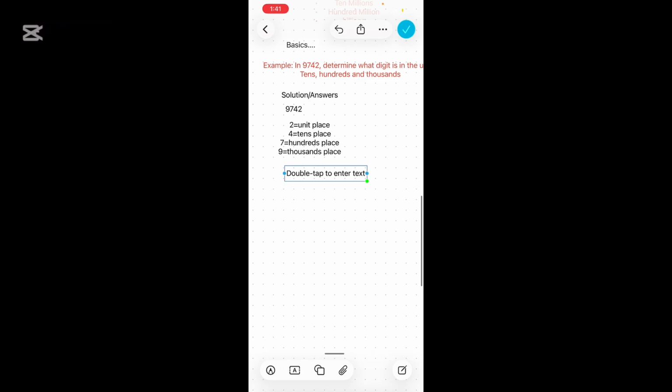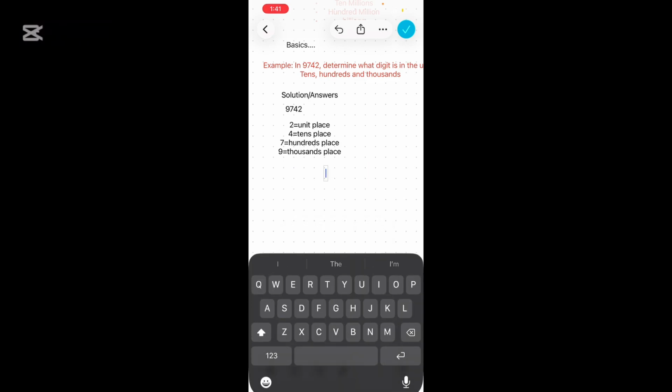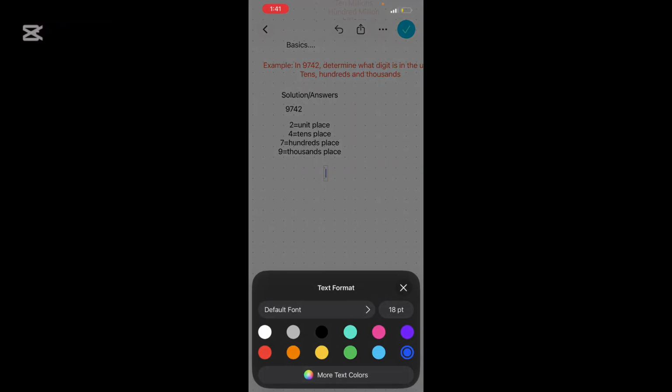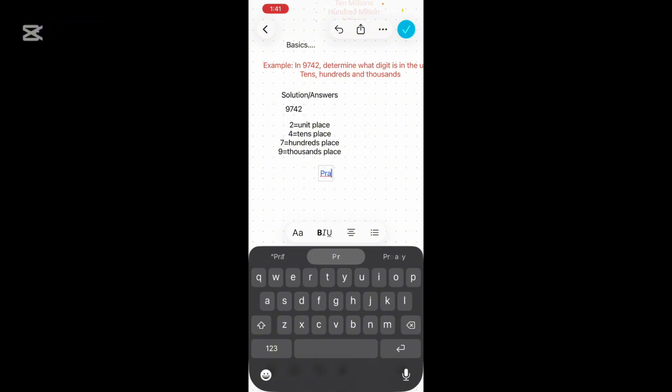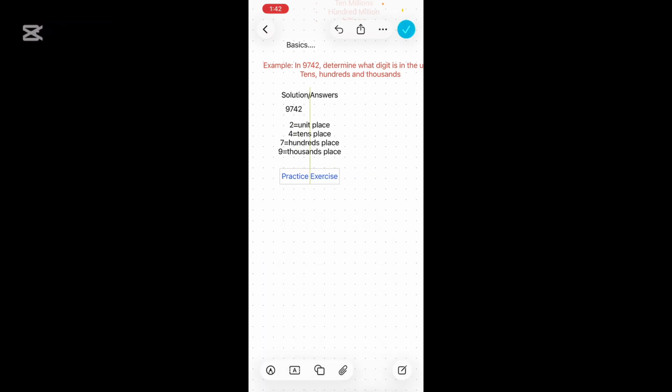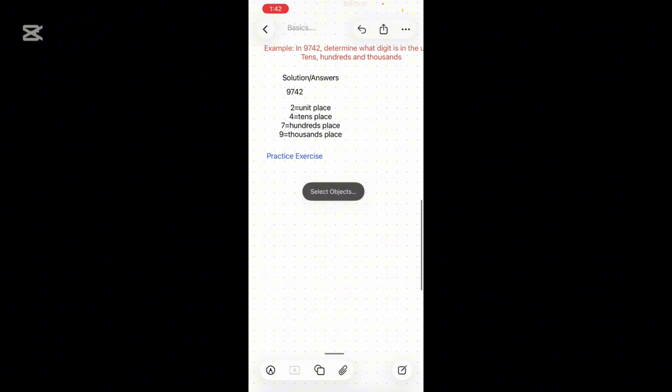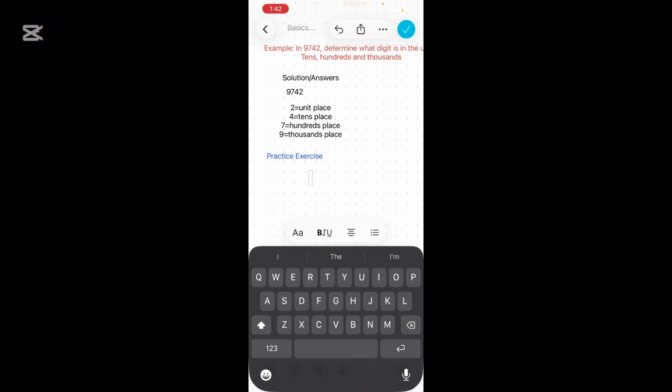So take this practice exercise or homework, and leave your answers in the comment section. Practice exercise, just one. I'll give another number and you determine the place value of each digit.